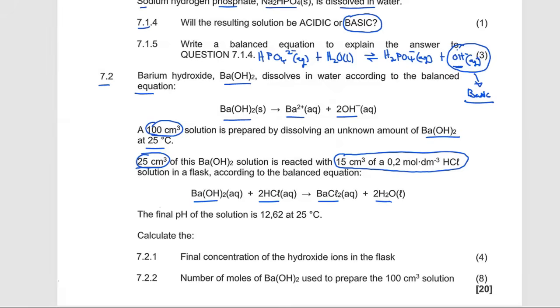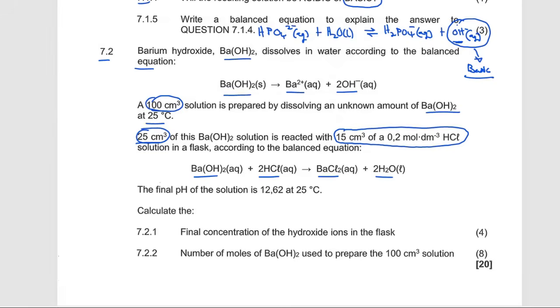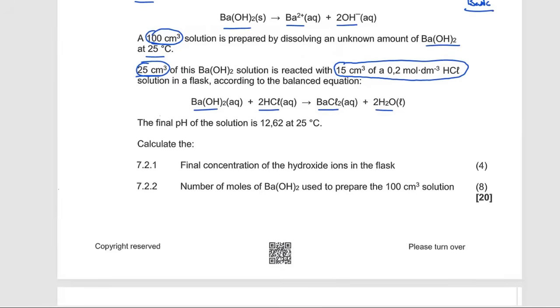The final pH of the solution is 12.62 at 25 degrees Celsius. You're asked to calculate the final concentration of the hydroxide ions in the flask. The pH there is of a base.